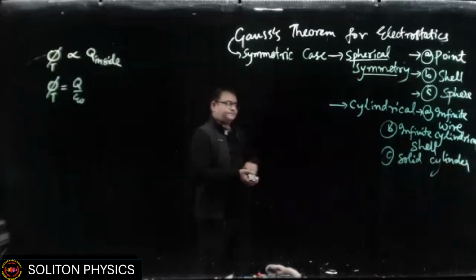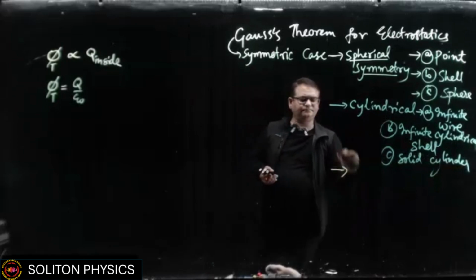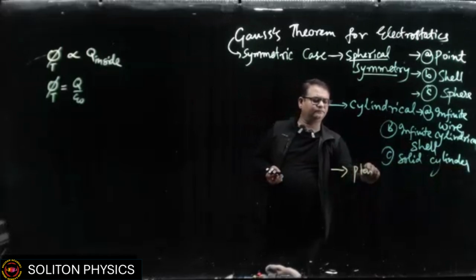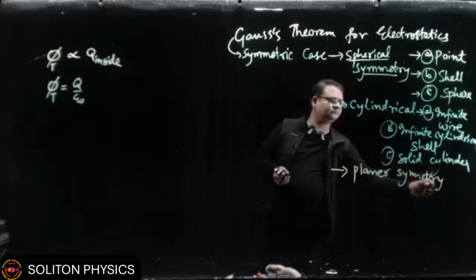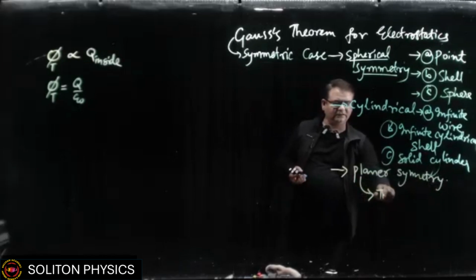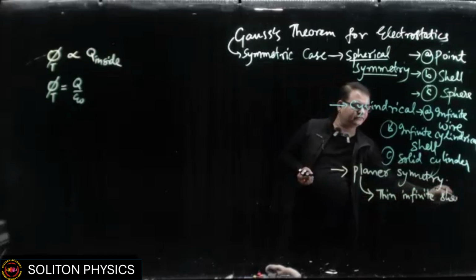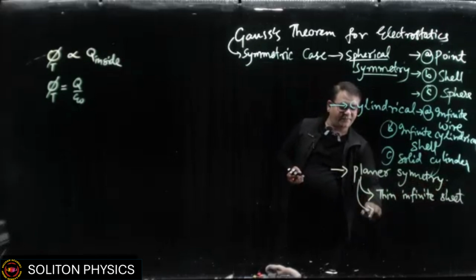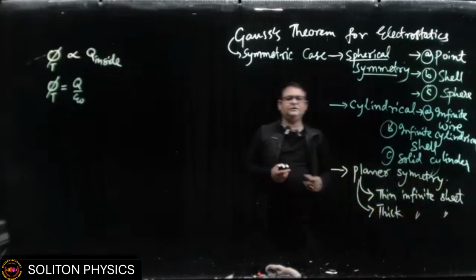Right, and the next symmetric case would be planar. Now planar symmetry: thin infinite sheet, thick infinite sheet.